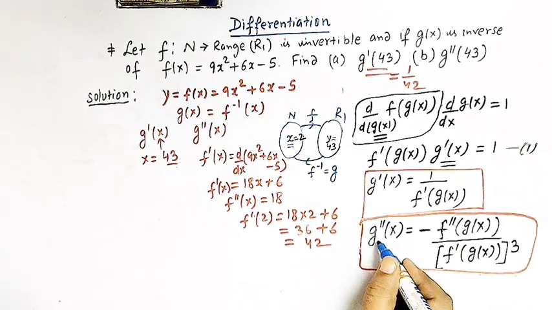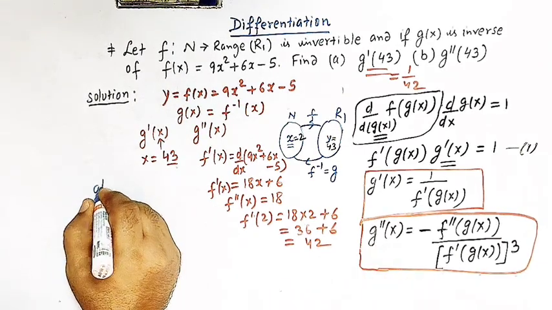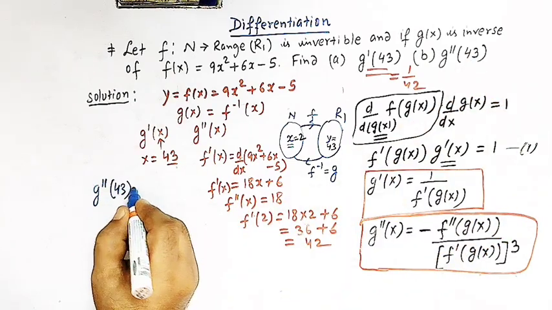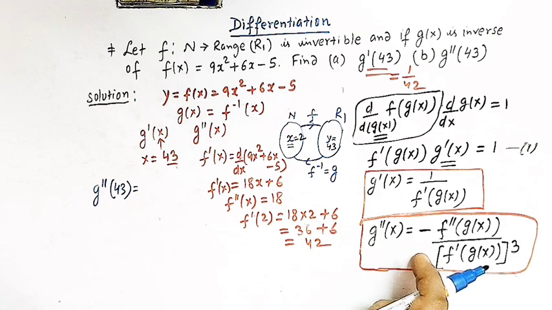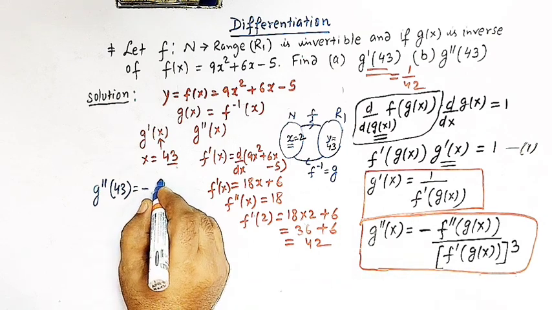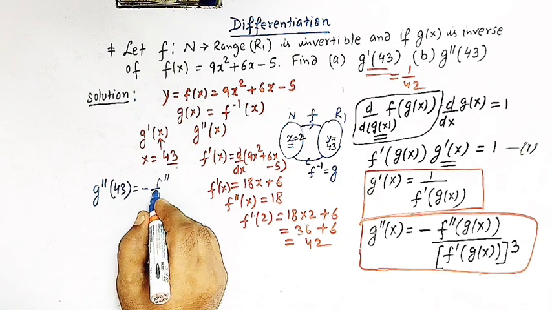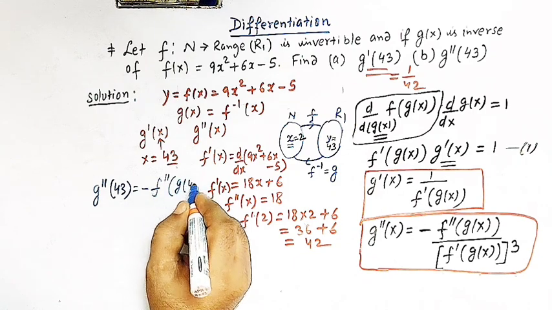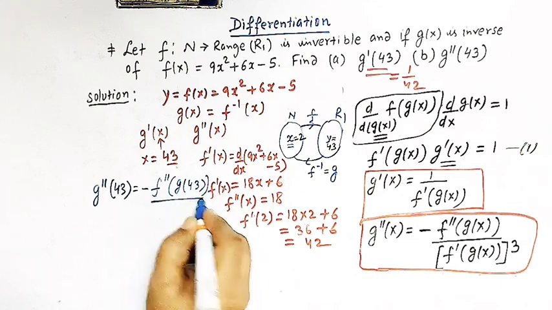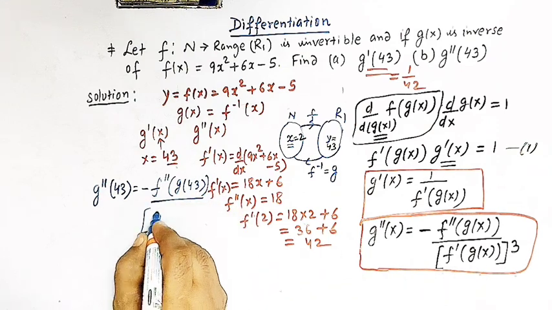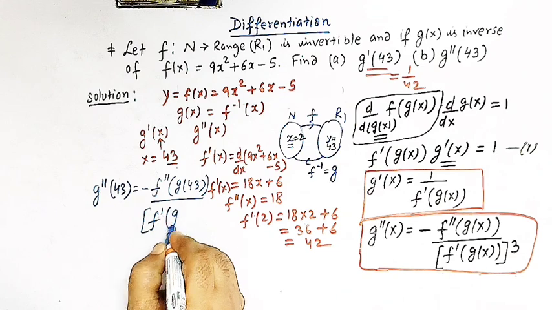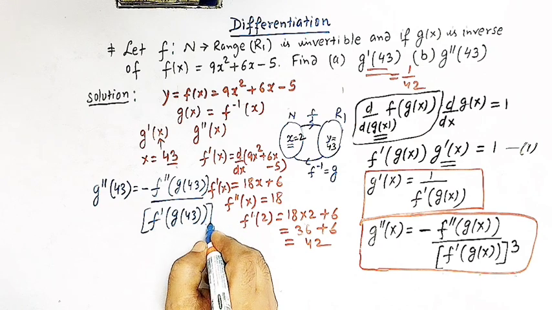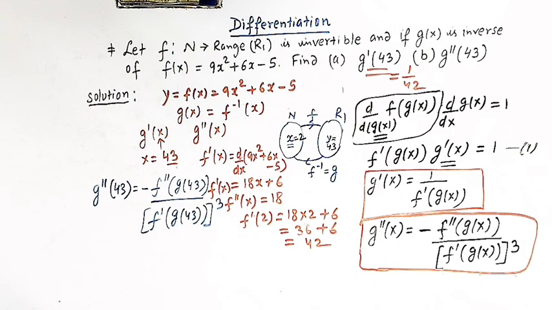So now to get the value of g″(43), we can write with the help of this expression: minus the second derivative of f at g(43), and in the denominator we have f′ of g(43), the whole cubed, right?